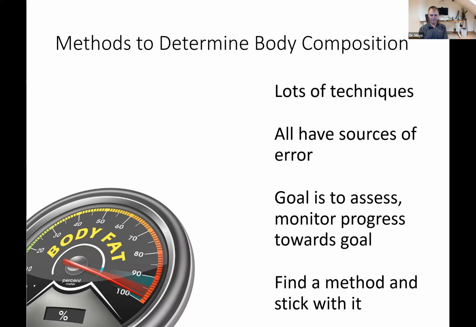Again, you want them to come up with that number, but you want it to be these small incremental goals. And so you make these small changes over time, you get some momentum, get some progress. And then when you get to 22, okay, let's shoot for 20. Let's see what we can do. Again, we can go through all that, but the point here is to monitor and assess over time. And then when you find a method, stick with it.